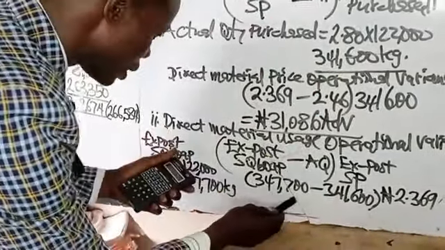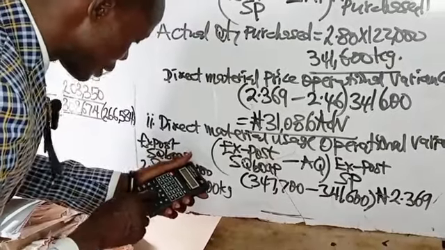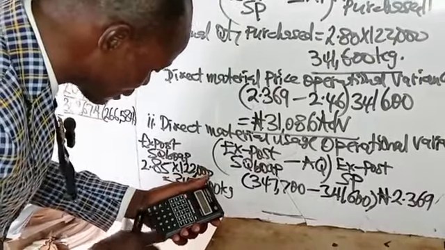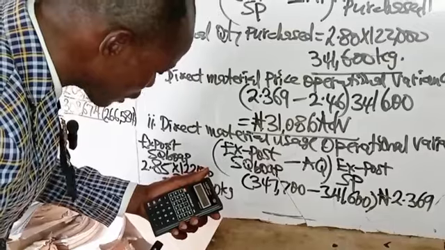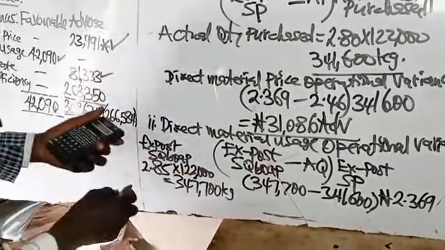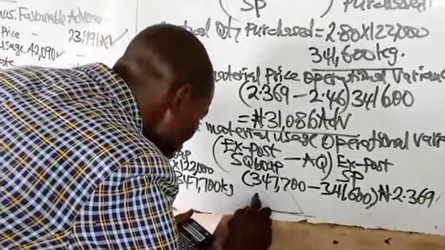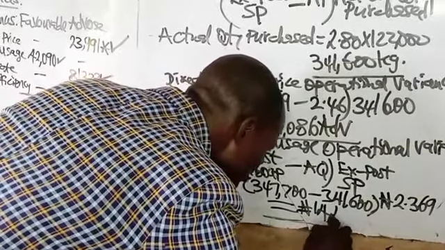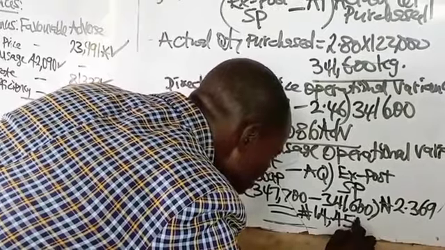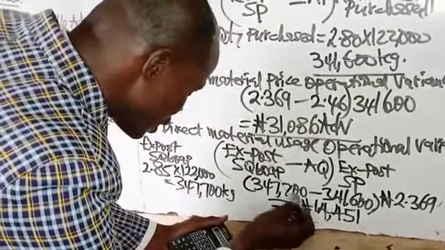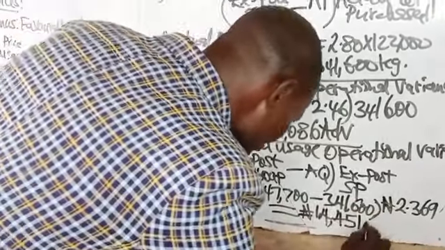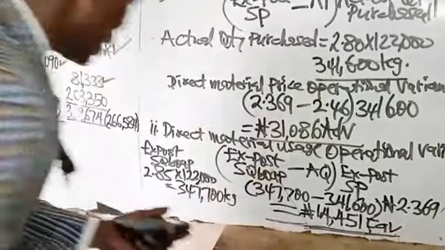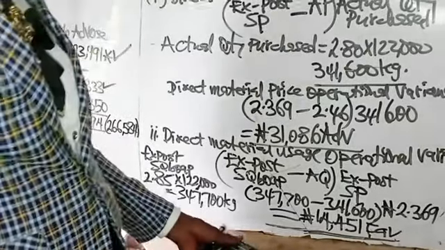So the difference of 6,100 times 2.369 gives us 14,451. This is a favorable variance.